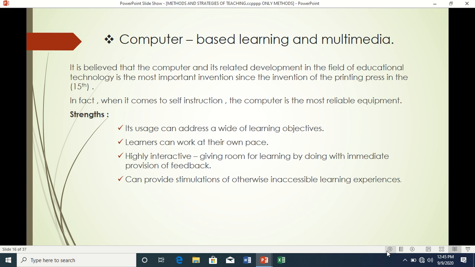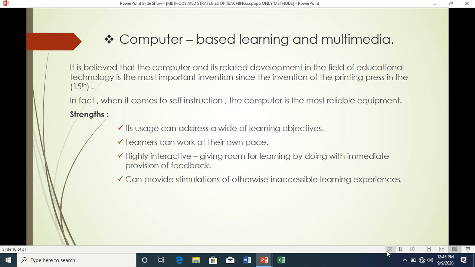Learners can work at their own pace with the computer. The computer is highly interactive. It gives room for learners learning by doing, because it's an interface. So you agree with me that there's an immediate provision of feedback when an individual decides to use the computer to study or to learn.